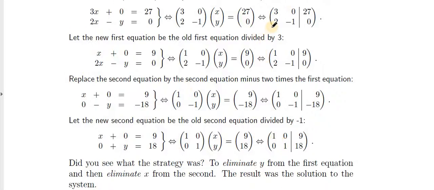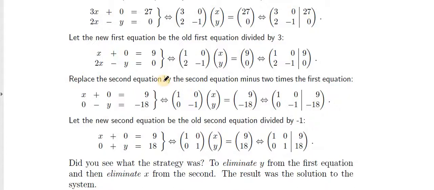And equivalent matrices are obtained by this process of equation manipulation, which comes down to operations on the rows of the matrix. When I take this first equation divided by 3, that amounts to taking this first row here and dividing it by 3.